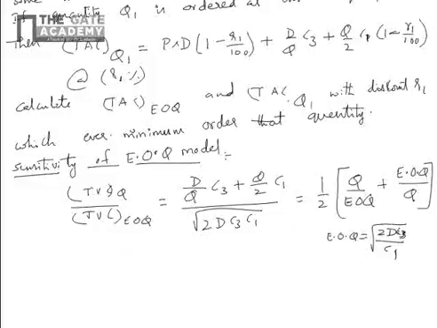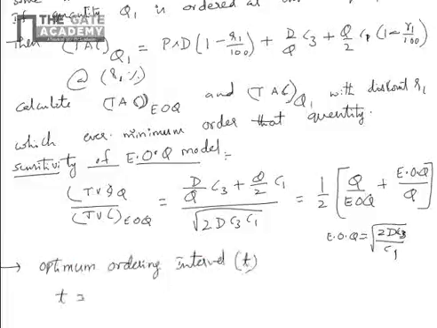Similarly, next is the optimum ordering interval. We know the optimum order quantity. Optimum ordering interval is nothing but T. T equals, normally it is D by Q for normal quantity.